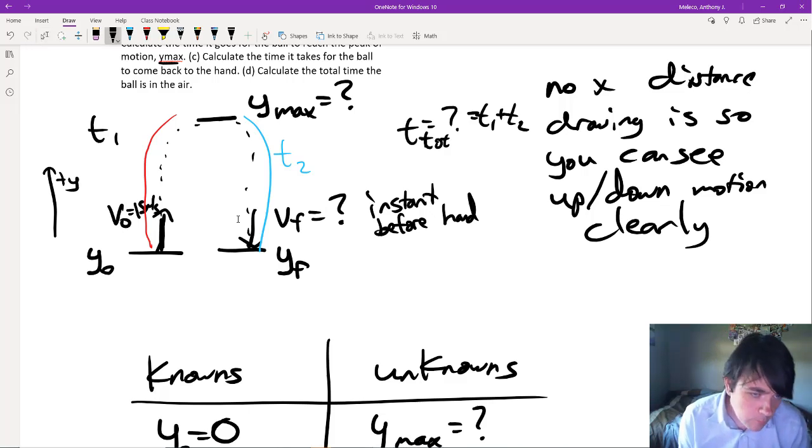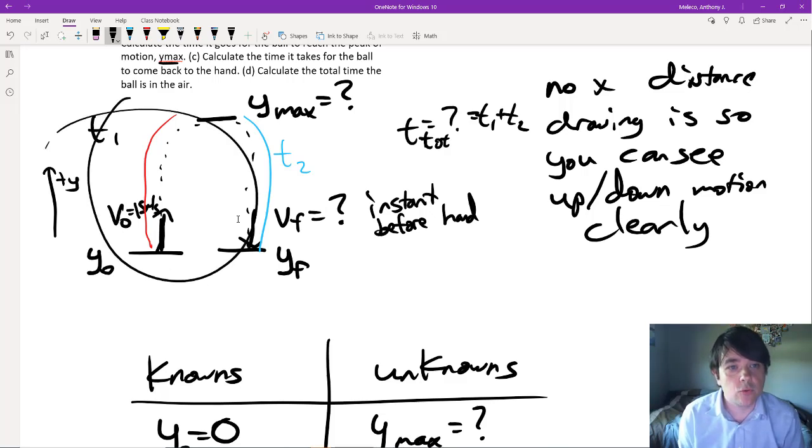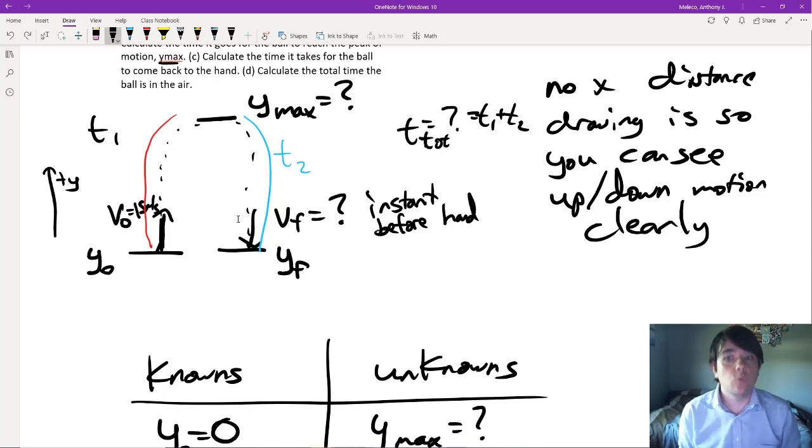Now, for problem-solving techniques, the best way to handle a problem like this is to treat it as two separate motions, okay? And you will do that with several types of problems. Anywhere that you can divide it in two to try to get a handle on it works.